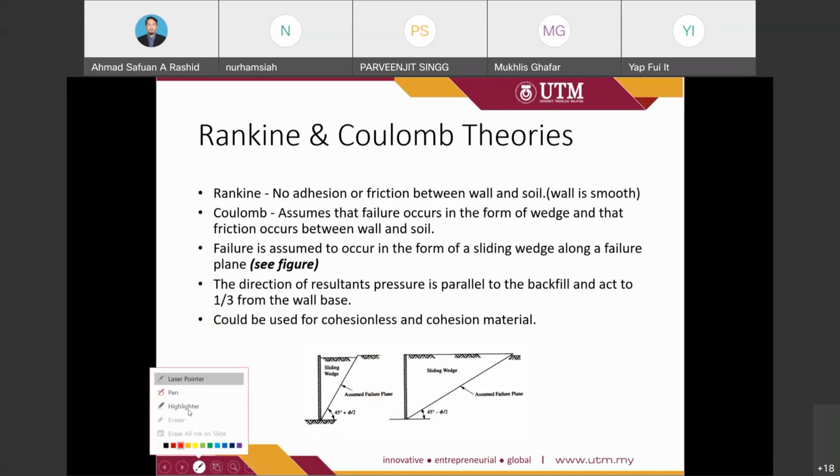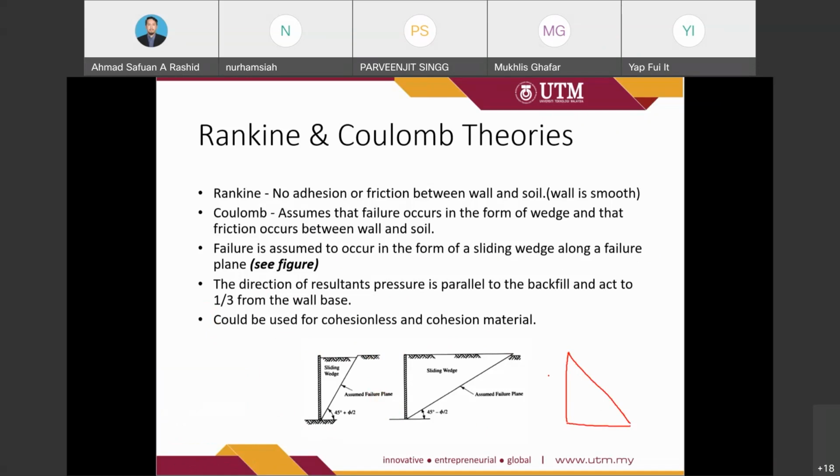So for example here, if we draw the distribution diagram for a single layer of soil, we will have this kind of diagram.